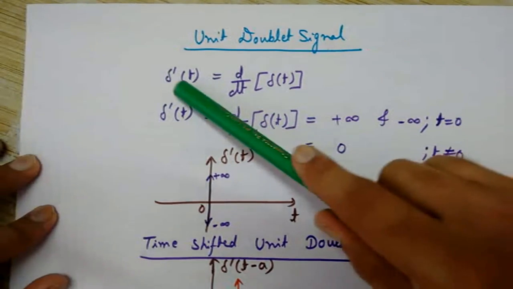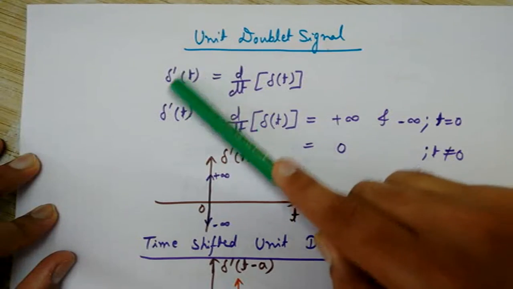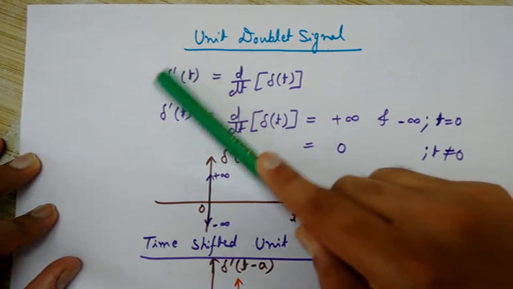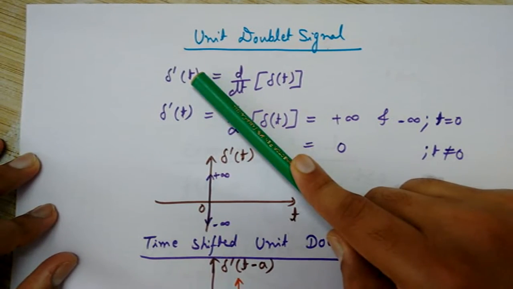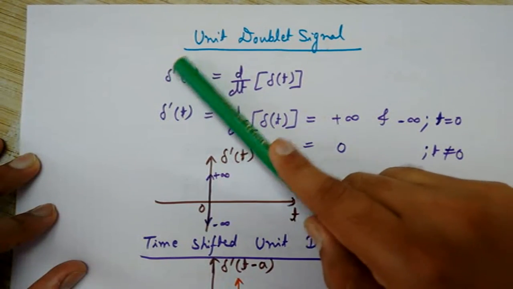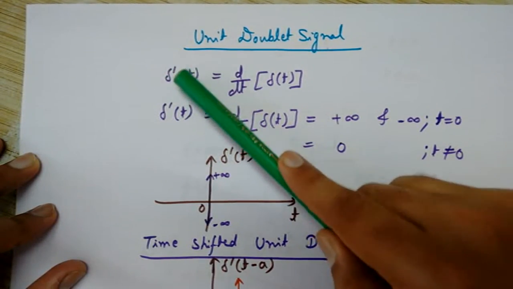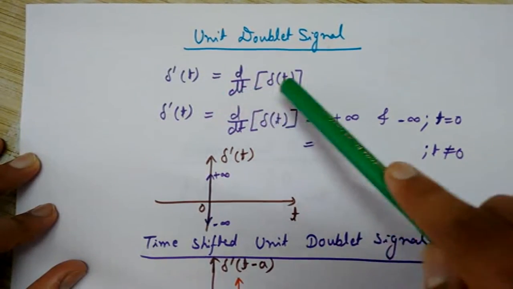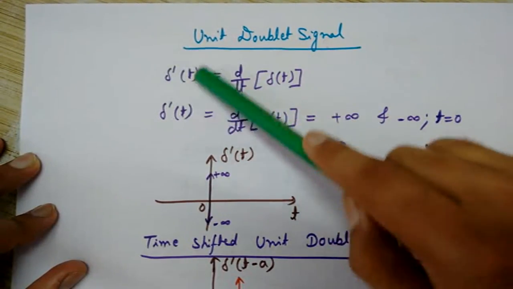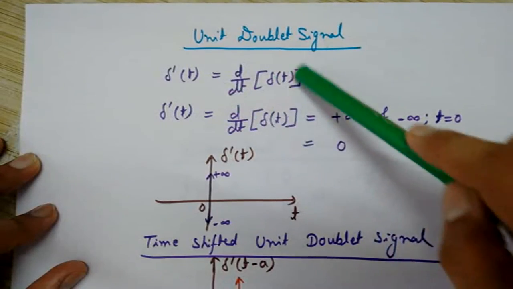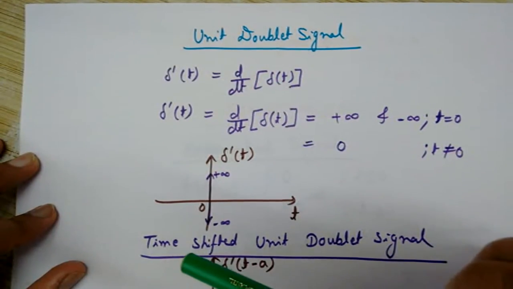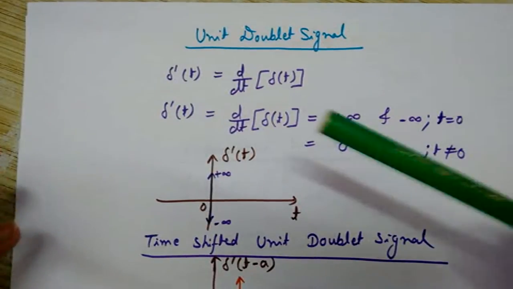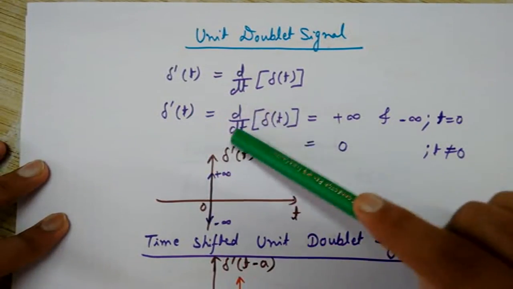It is denoted by delta dash t. You know, delta t is the symbol of the impulse signal. So dash means differentiation. So delta dash t is equal to d by dt of delta t. It can be obtained by differentiating the impulse signal with respect to time.